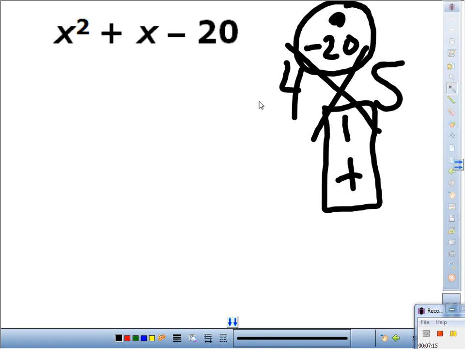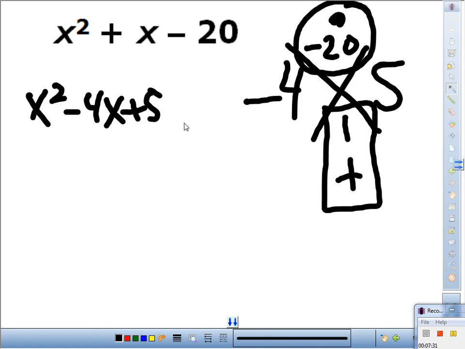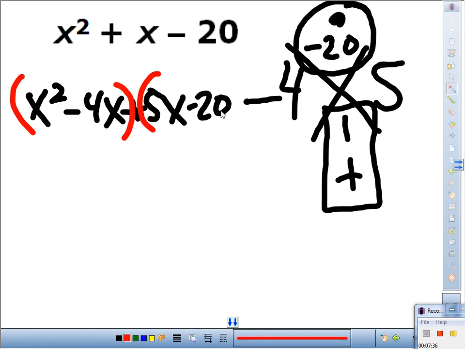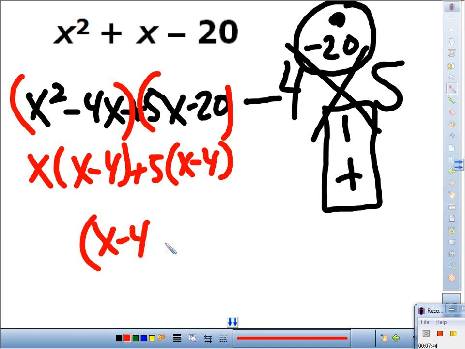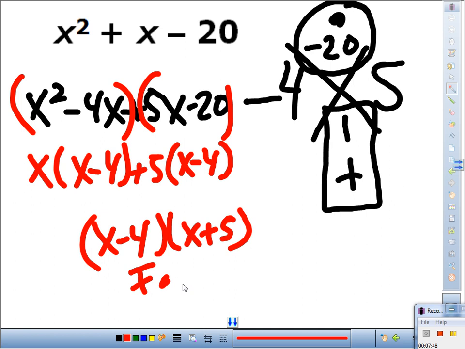Positive, so that means the negative is that one. x squared minus 4x plus 5x minus 20. Group. x, x minus 4, 5, x minus 4. x minus 4 times x plus 5. These are my factors.